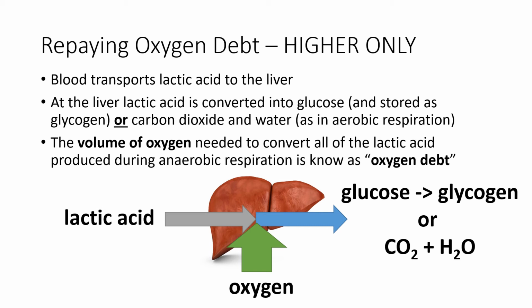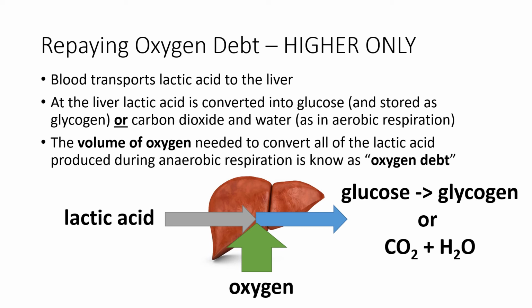We basically talk about what happens to the lactic acid. The lactic acid gets pumped to the liver, and at the liver, the extra oxygen, that oxygen debt, and the lactic acid react together and can form glucose. When we get that glucose, we can then continue to break it down in the same way as aerobic respiration, resulting in carbon dioxide and water.